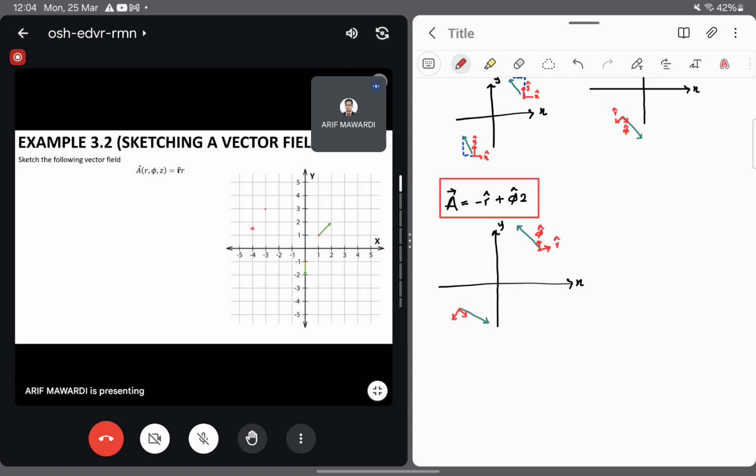Can you respond, just to make sure you understand this. What should the length be? Should it be the same as this one, or shorter, or longer? Yeah, it should be the same. How about the others?